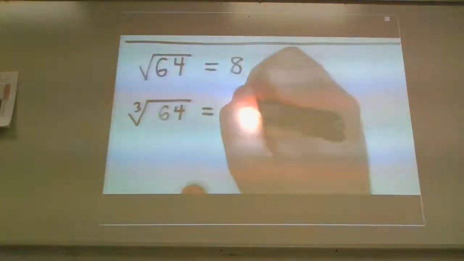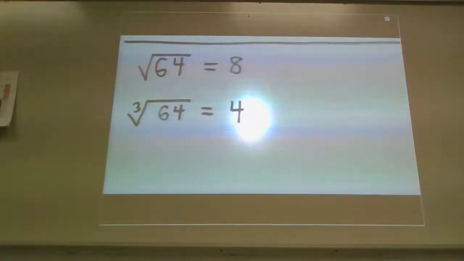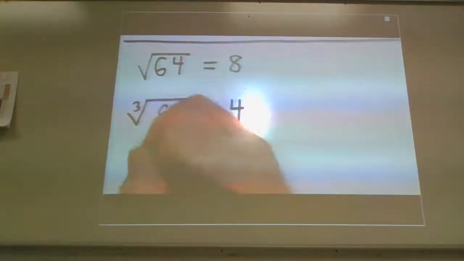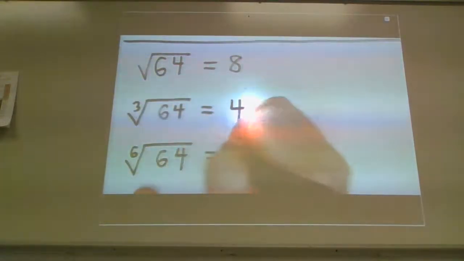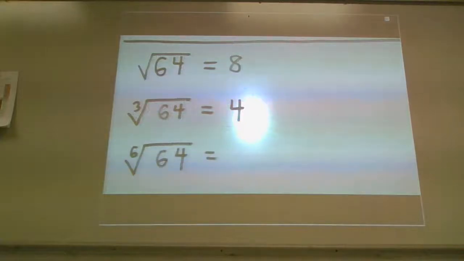It's a little bit of an anomaly. Now check this out. This is really going to mess with your head a little bit. What about the sixth root of 64? What is the sixth root of 64? Holy crap. It is a whole number, by the way. It's 2.